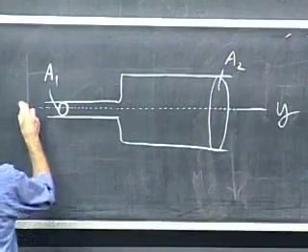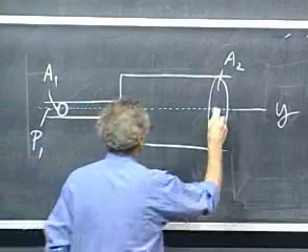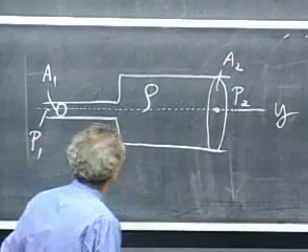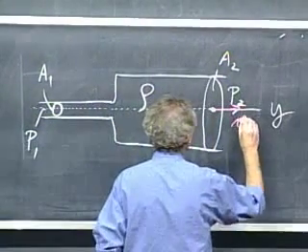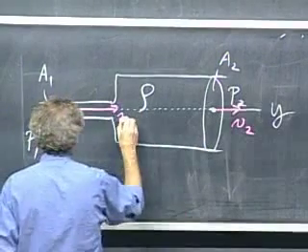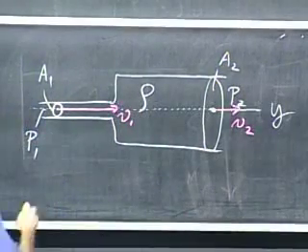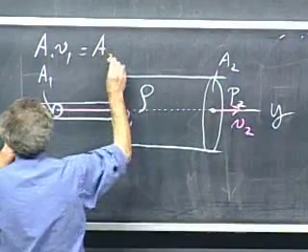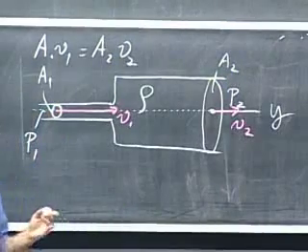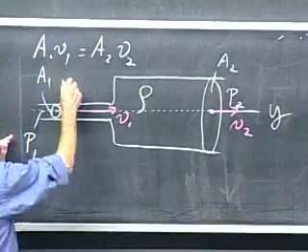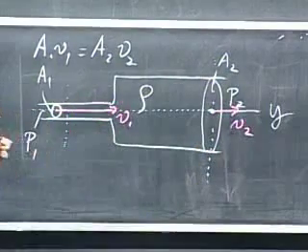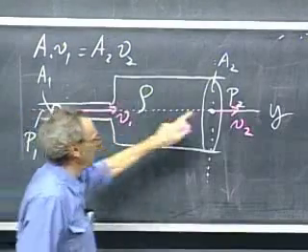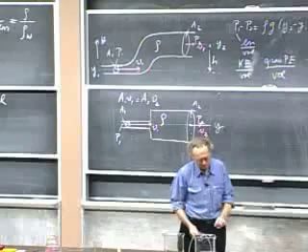I have here inside pressure P1, and here inside I have pressure P2, and this is the density of the fluid. There is here a velocity V2, and there is here a velocity V1. And clearly V1 is way larger than V2, because A1 times V1 must be A2 times V2, because the fluid is incompressible. So the same amount of matter that flowed through here in 1 second must flow through here in 1 second. And so these have to be the same. Since A1 is much smaller than A2, this velocity V1 is much larger than V2.